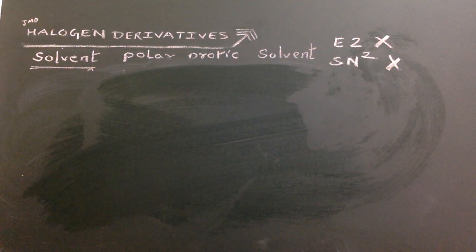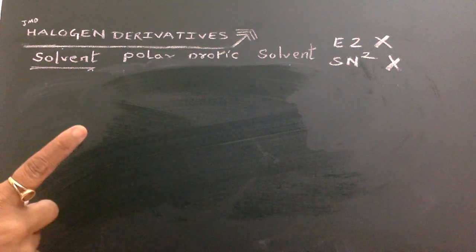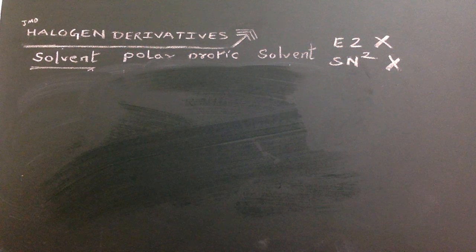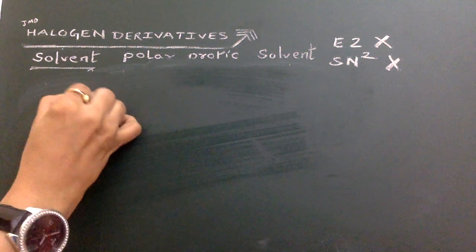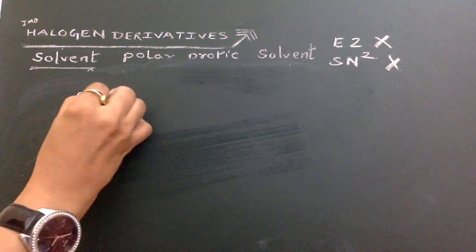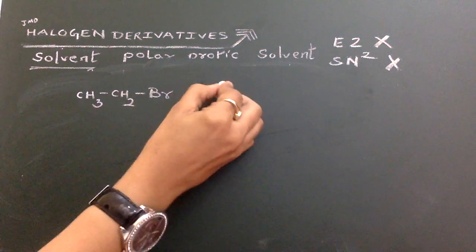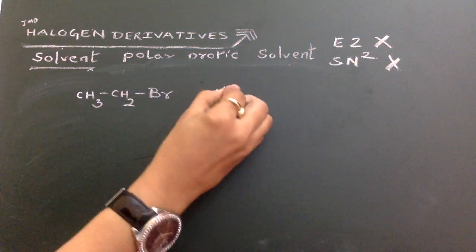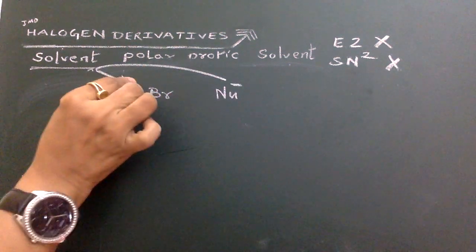These reactions SN2 and E2 are unstable in polar protic solvent because a strong nucleophile will be blocked on its way to attack the molecule. See, in SN2 or in E2, taking this example, ethyl bromide, the nucleophile attacks the molecule from the backside.